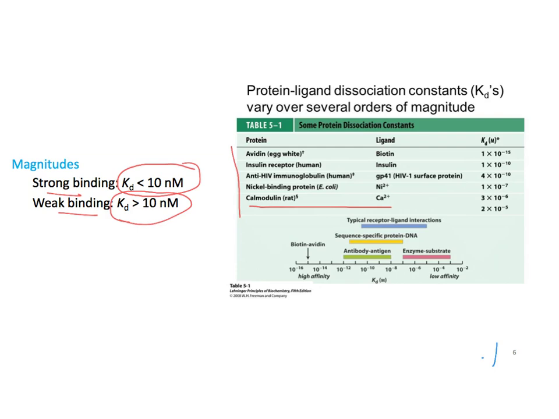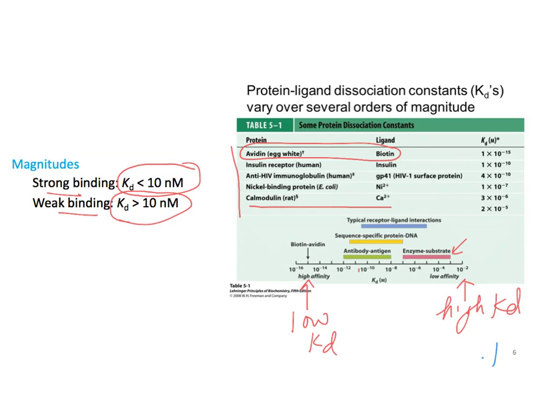And then up here, biotin and avidin are the strongest binding. So high affinity means really low KD values, and weak is high. It looks like enzyme-substrate interactions tend to be a little bit weaker. Antibody-antigen interactions are about in the middle, but closer to the higher affinity, and so on and so forth.